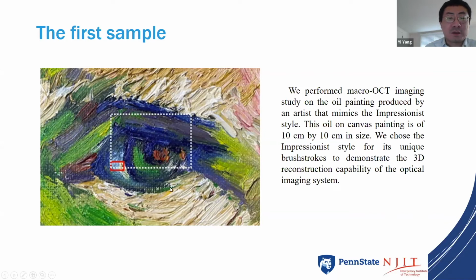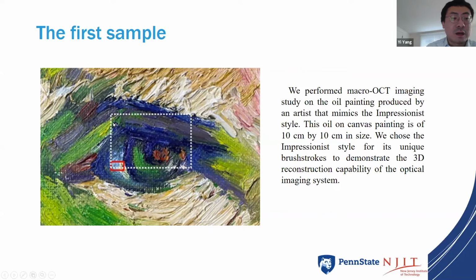Once this painting was created, we wanted to scan part of the painting. The white dotted box is the part that we actually scanned, and the red box here is the field of view of our OCT system. Our strategy is, every time we scan a red box, we move it to another location and scan another red box.